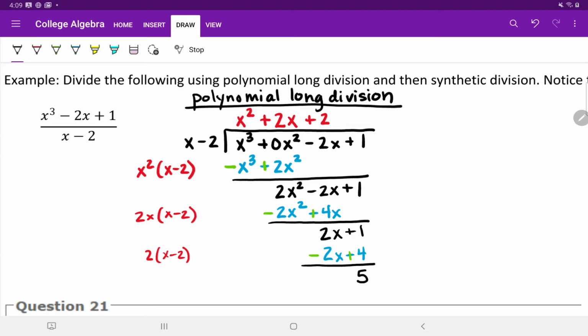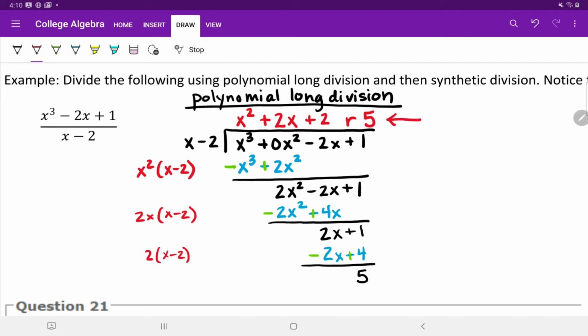Now we would start over, but notice that our new line has a lower degree than our divisor. So if we were to ask the question, what do I multiply by x to turn it into a 5? Well, you can't multiply x by anything to turn it into a 5. So this is where we stop, and we refer to 5 as our remainder. So our answer would be x squared plus 2x plus 2, remainder 5.